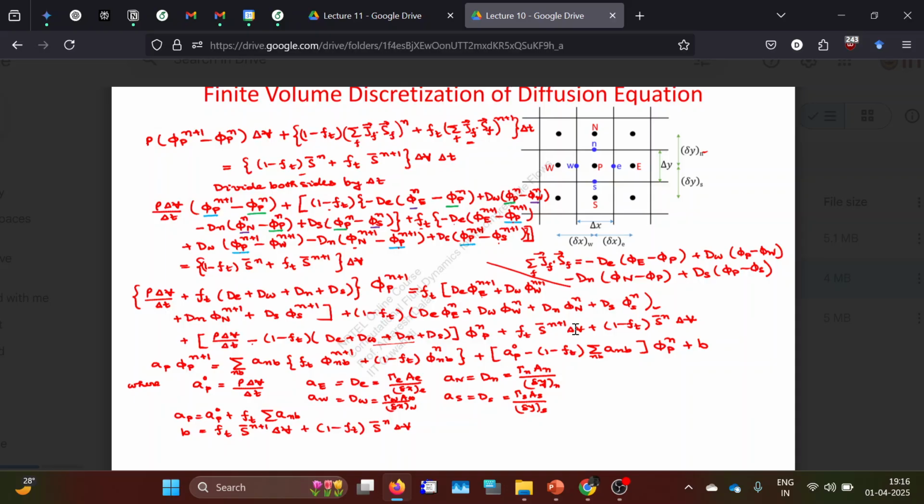In that case, alpha would be very small, and for materials with high rho Cp, their temperatures will not change much. They will only change a little bit, even with the same heat flux. So alpha tells you how much the temperature will change.